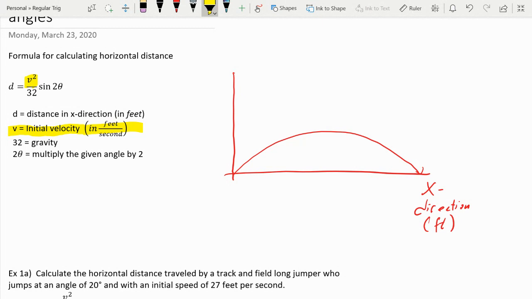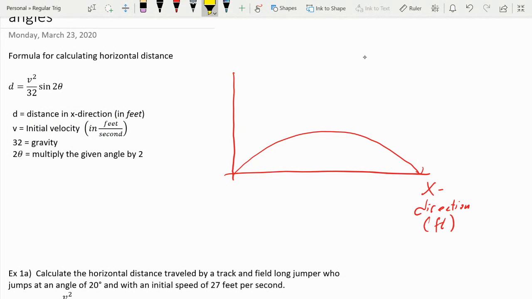The initial velocity is just how fast something is going in the very beginning, when you first throw something, or somebody shoots a rocket, or those cannonball problems, or sports problems. And you're going to square that one.